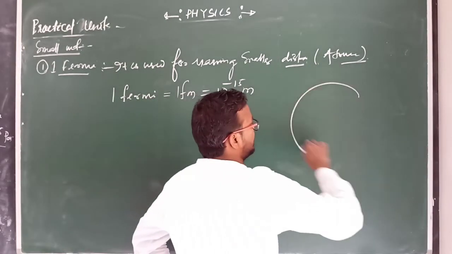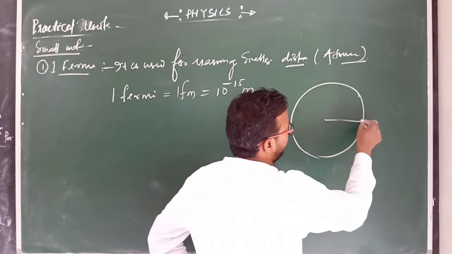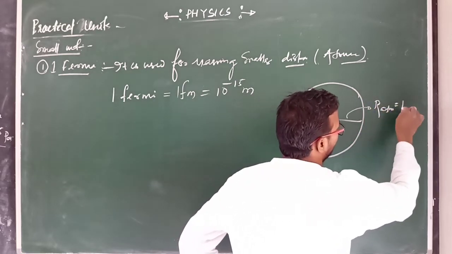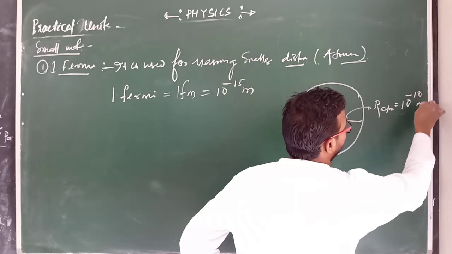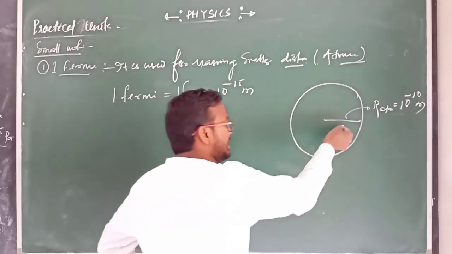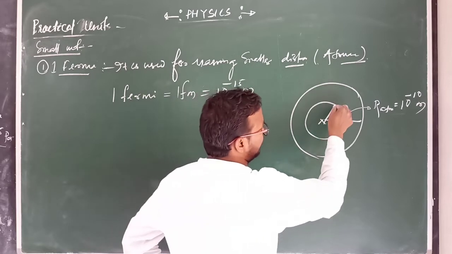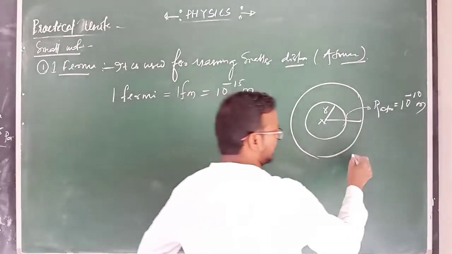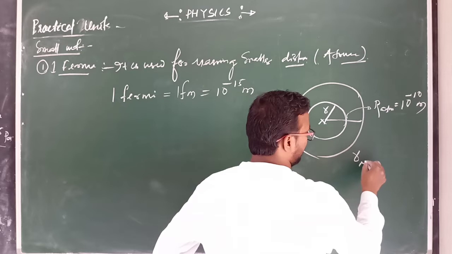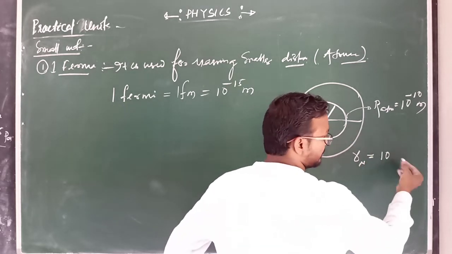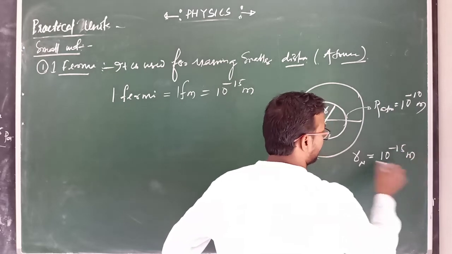Because suppose this is an atom and this is its radius, and the radius of the atom is equal to 10 to the power minus 10 meter, and inside the atom there is a nucleus. See, the nucleus, and suppose its radius is small r, and the radius of the nucleus is nearly equal to 10 to the power minus 14 or 10 to the power minus 15 meter.